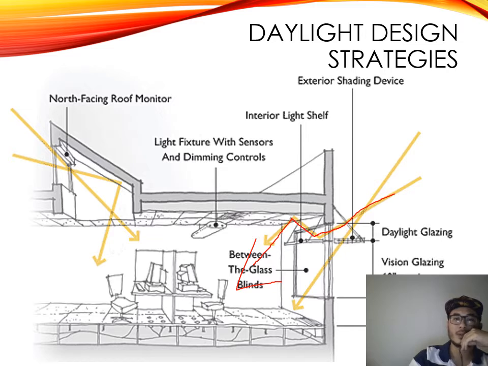Since the shading device and the interior light shelf are positioned higher than human head level, in this case normally at 2.1 meters, the vision glazing is at 60 inches maximum.